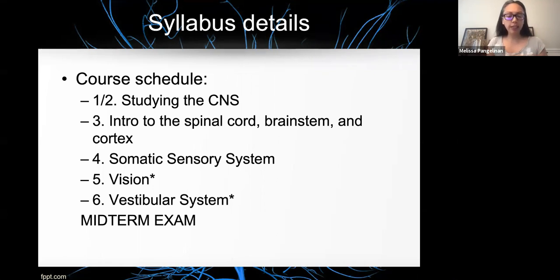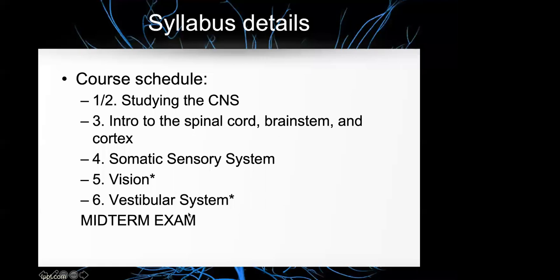Intro to spinal cord, brainstem, and cortex covers the appendix. Somatosensory system, vision, and vestibular system will also be covered. In the syllabus, I'll show you the actual chapters from the book and the material that will be linked on Canvas. And starting with vision, we'll start having group presentations and additional reading.